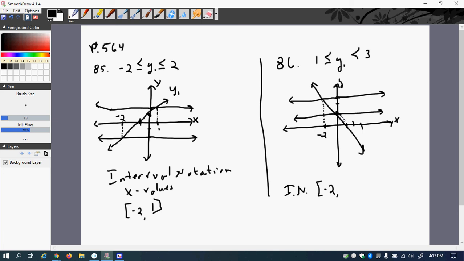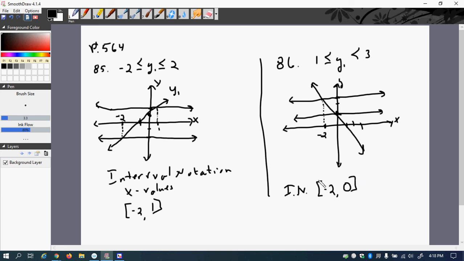Then it goes to here where it intersects the second one at y equal to 1, and that's going to be at 0. And so that should be a bracket.